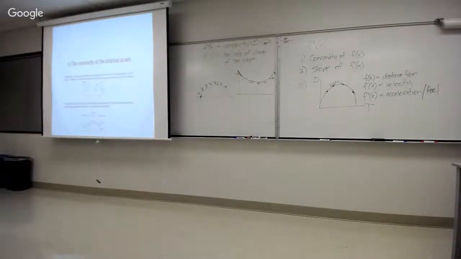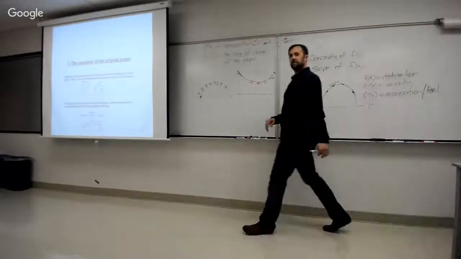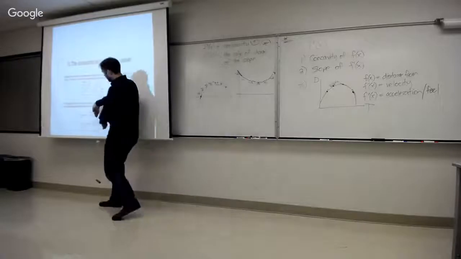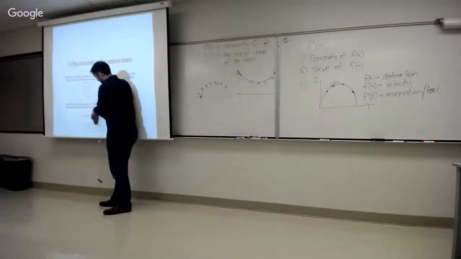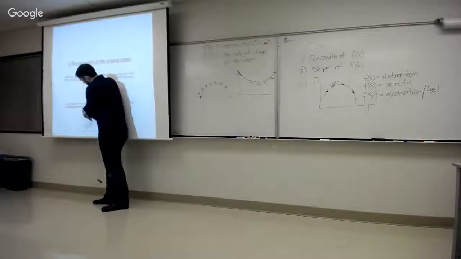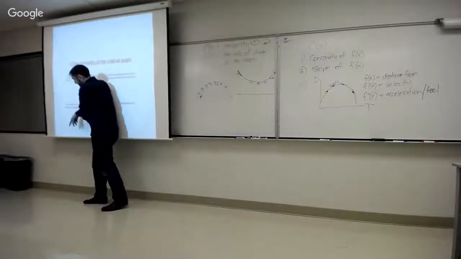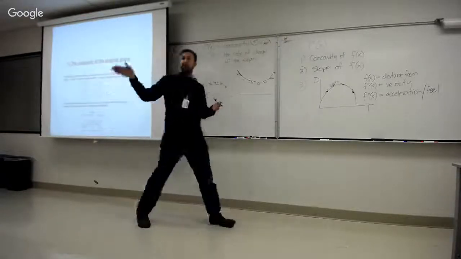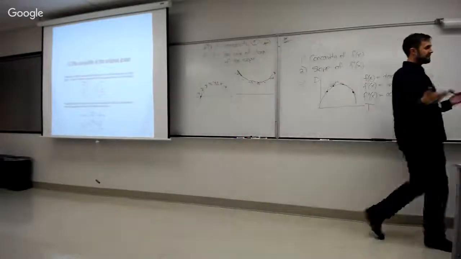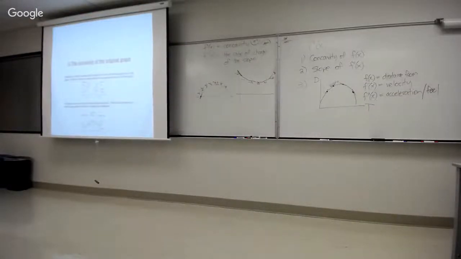And what do you notice about every portion of a graph that's concave up or down? So like, what does this portion have? It's got a minimum. And what does this portion have? A maximum. And this portion, a minimum. So typically, every portion of a graph that you look at, if it's concave up, there's probably a minimum there. And if it's concave down, there's probably a maximum there.